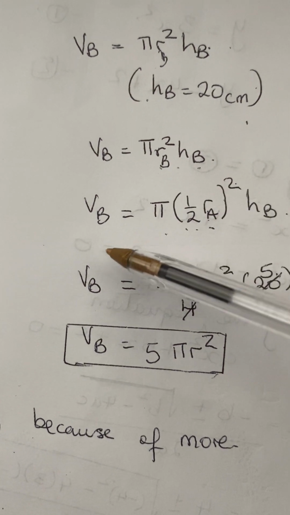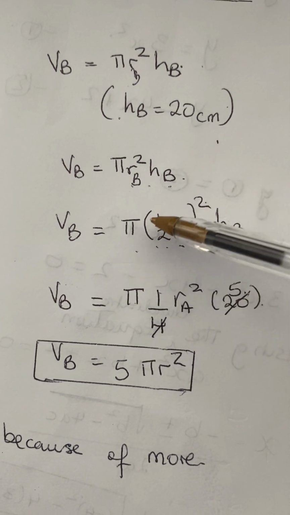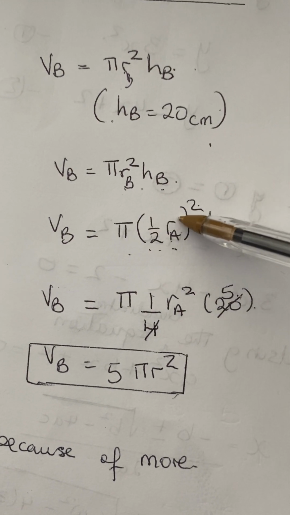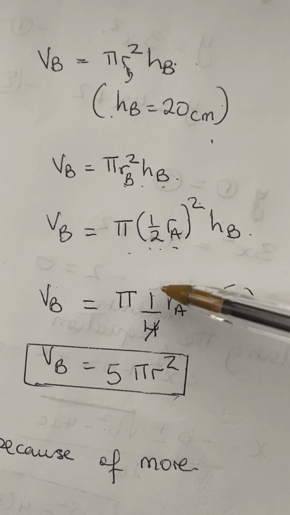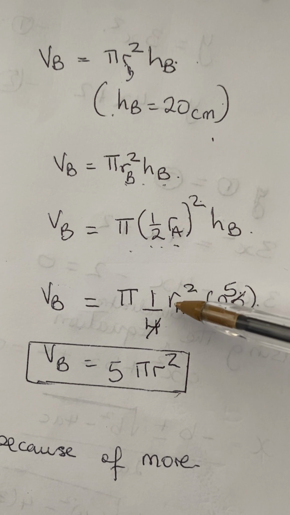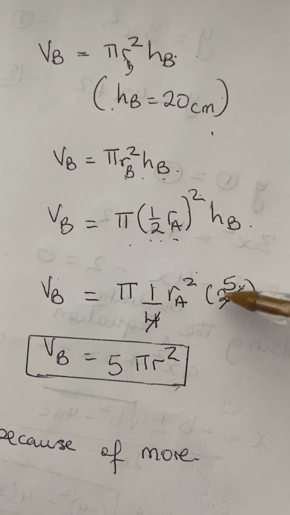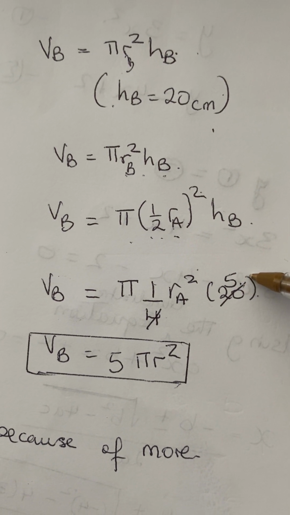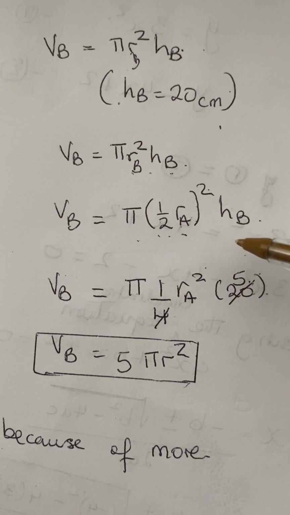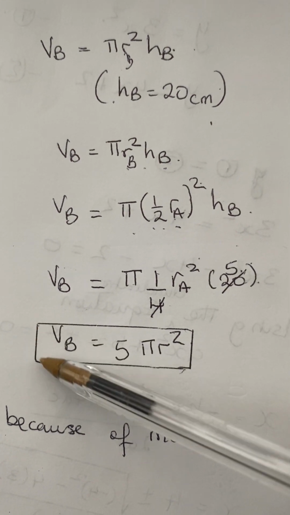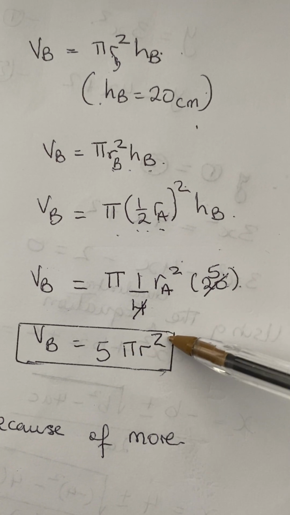So the volume of the second cylinder will be pi, if I put half ra, I have 1/4 ra all squared times my height 20. Now 1/4 of 20 will be 5. So the volume of the second cylinder will be 5 pi r squared.